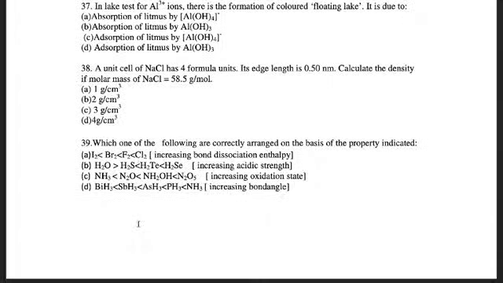Question number 39. Which one of the following is correctly arranged on the basis of the property indicated? A. I2 < Br2 < F2 < Cl2, increasing bond dissociation enthalpy. B. H2O > H2S < H2Te < H2Se, increasing acidic strength.